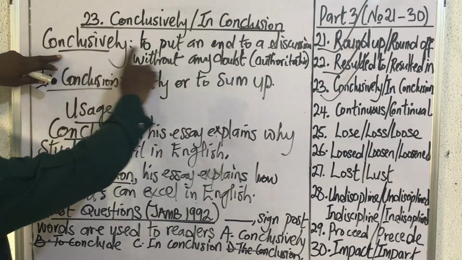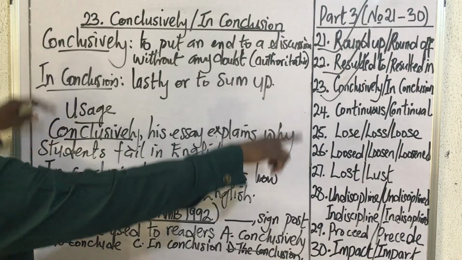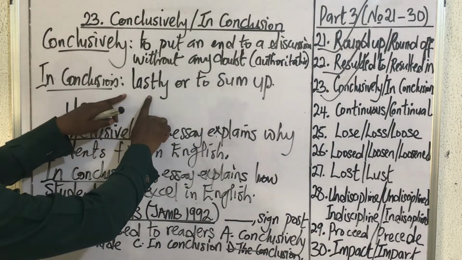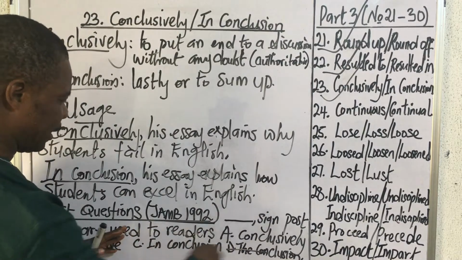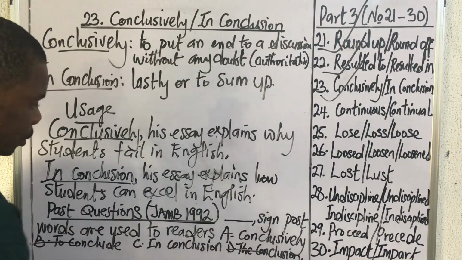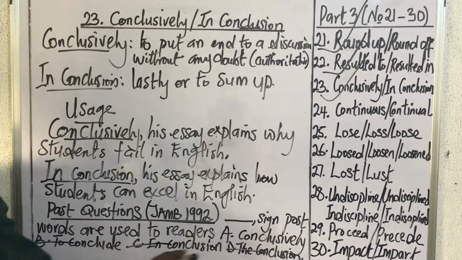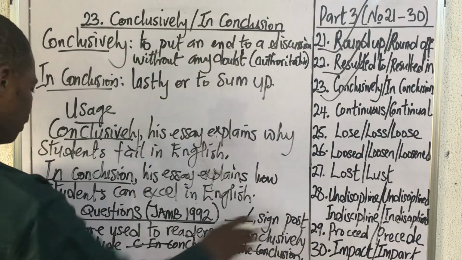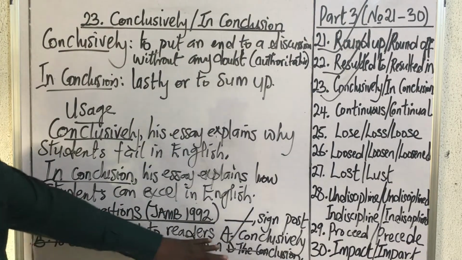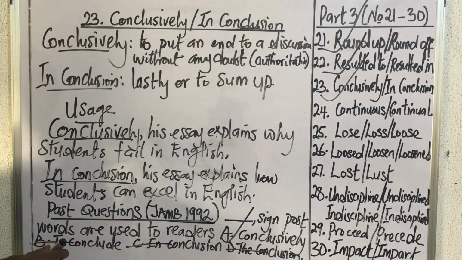Remember, conclusively is to put an end to a discussion without any doubt, while this one is to sum up. So there's no indication that anything is being summed up in this expression. So we cannot take in conclusion. It is an affirmation or an assertion that basically signpost words are used to readers. So option A is the correct option.